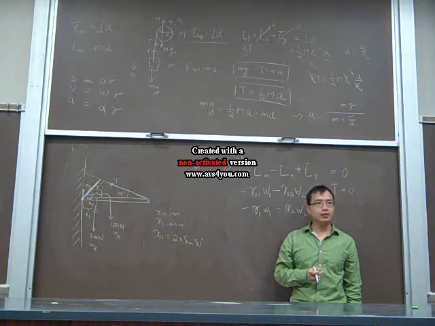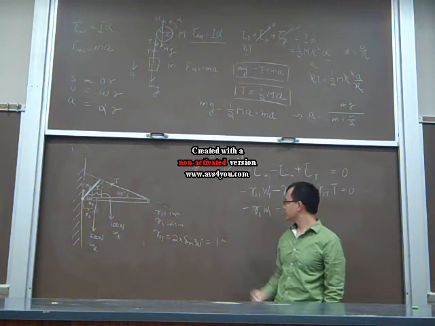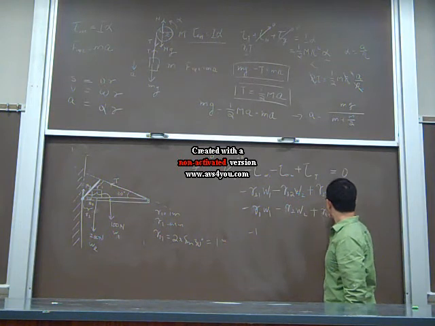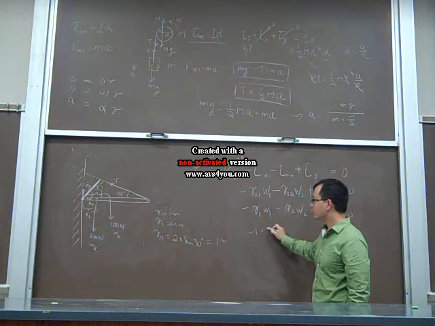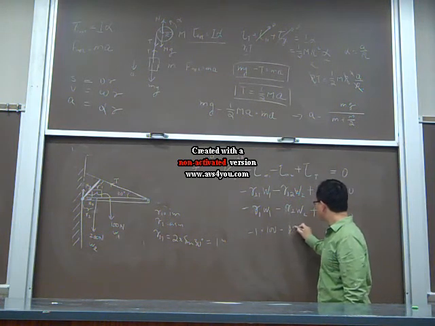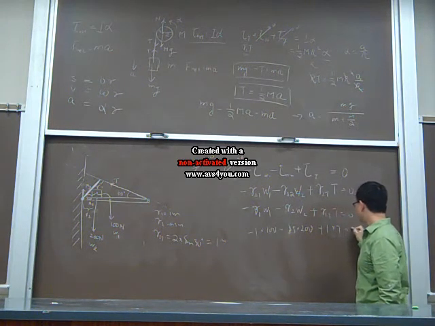So some of the lever arms you have to calculate. This one is actually 1 meter. So -1 for R perpendicular 2 multiplied: -1 multiplied by 100 minus 0.5 multiplied by 200 plus 1 multiplied by T equals 0.